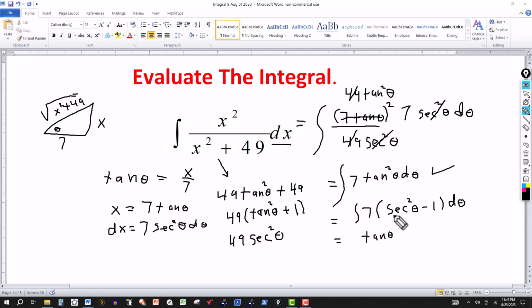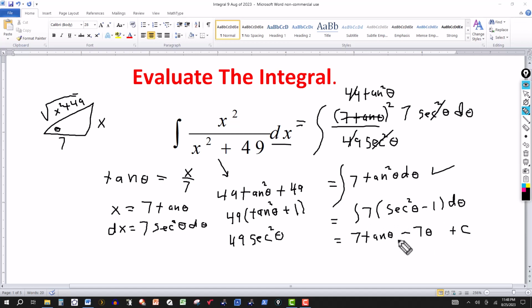This would be a 7 here. Then for this one here, integrate minus 1 with respect to theta, that's minus theta. But then I got 7 out here, so I multiply by 7. That'd be 7 tangent theta minus 7 theta plus the constant of integration.